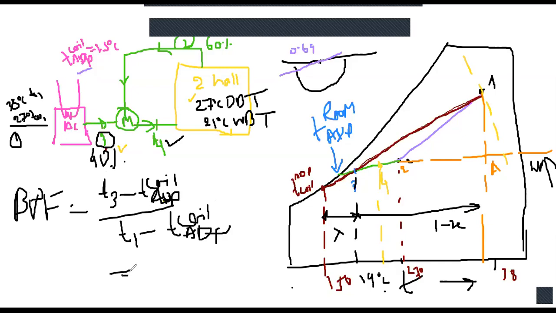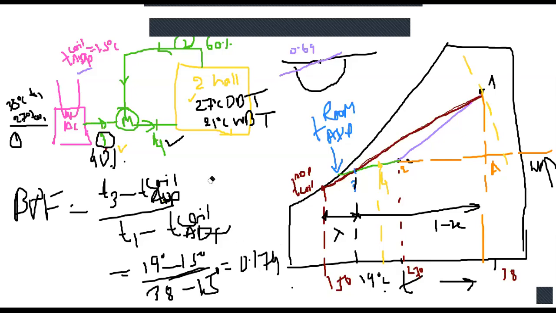Okay, T3 is given as 19 degrees, TADP is 15 degrees. This is given. T1 is 38 degrees and this is 15 degrees. That is 0.174. The bypass factor is 0.174. Okay.